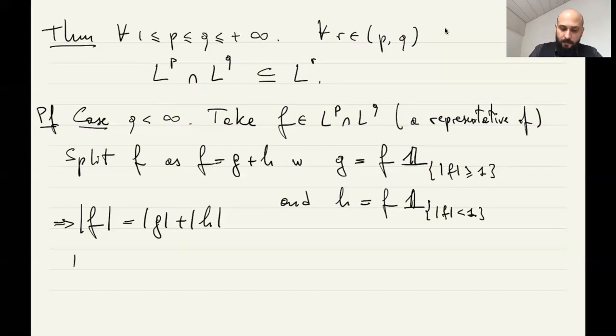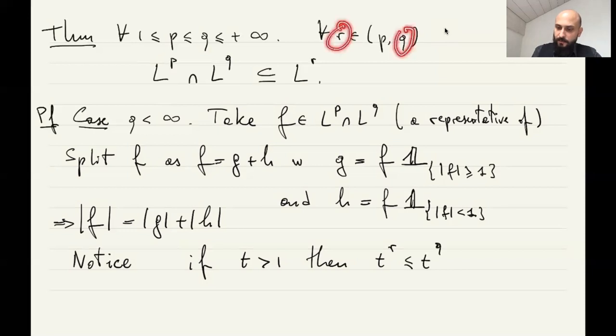Now notice, we're going to bound g and h differently, because if you have a number t that is greater than 1, then t to the r is smaller or equal than t to the q, because r is smaller than q. For t greater than 1, it preserves the same order.